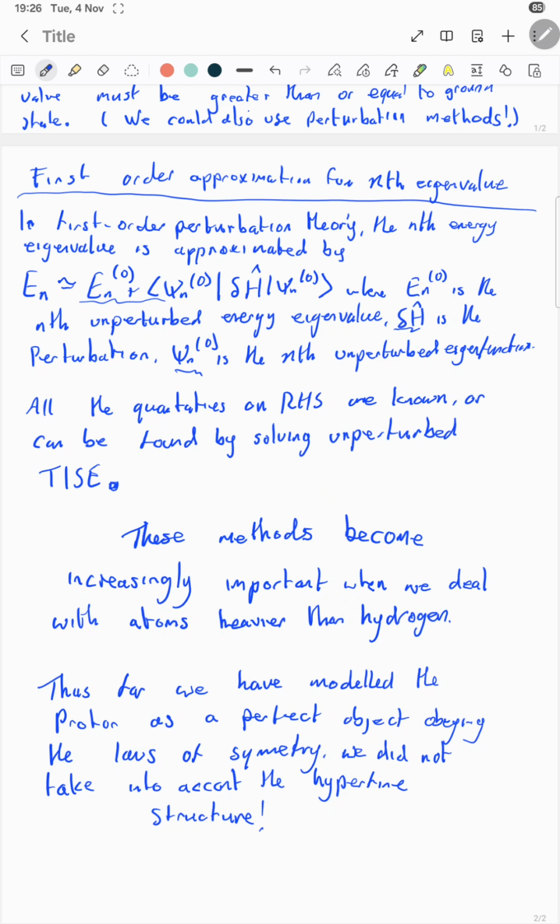All of these quantities on the right hand side we know or can be found by solving the unperturbed time independent Schrödinger equations. These methods become increasingly important when we deal with atoms heavier than hydrogen.